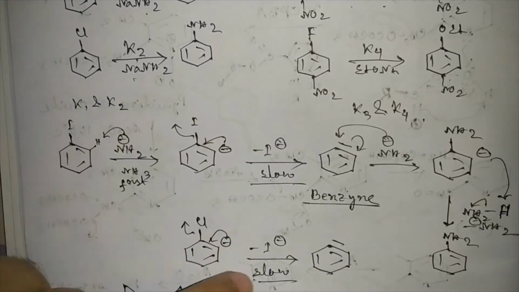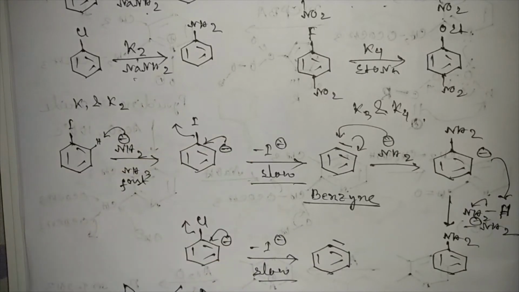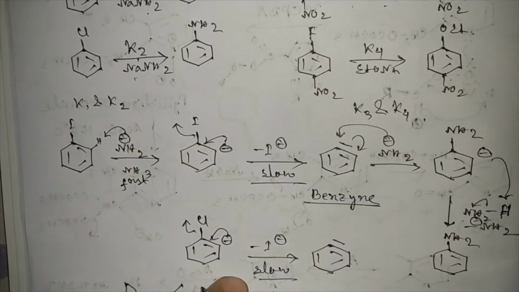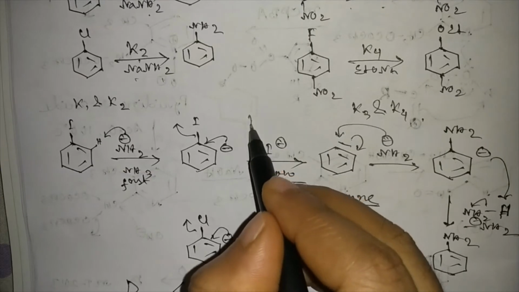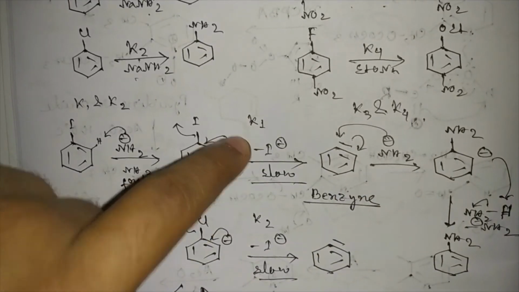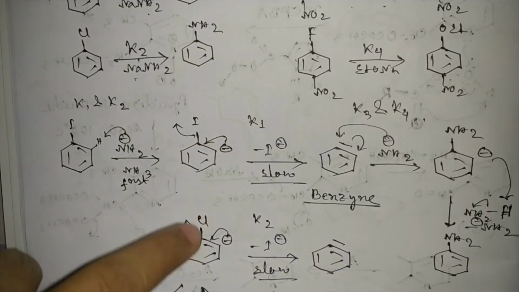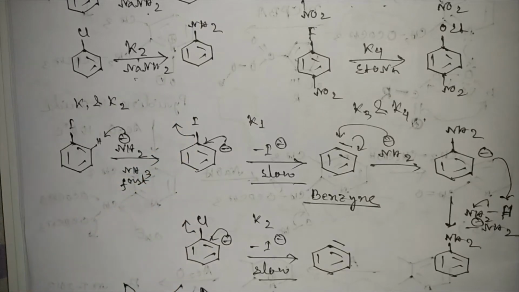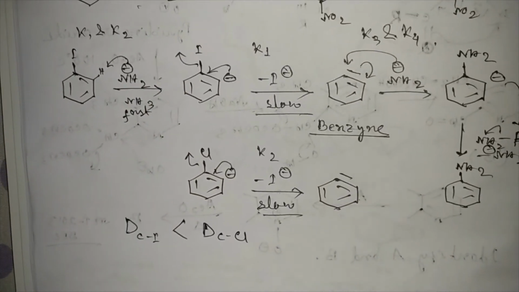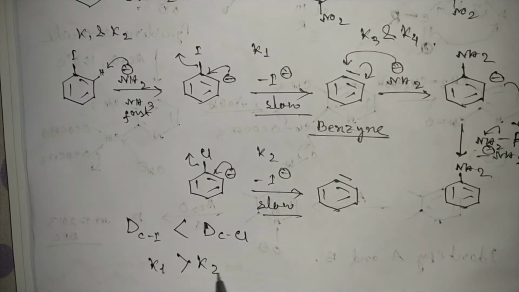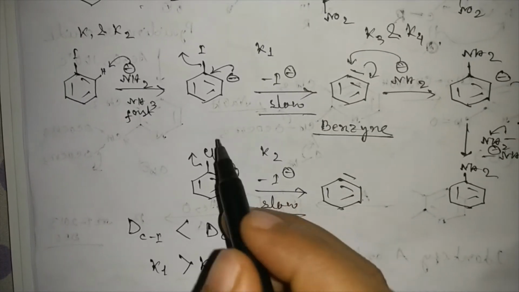So this step will happen slower than this. If the rates are K1 and K2, K1 is higher than K2, because the C-Cl bond will break less easily than the C-I bond. So we can say that K1 is greater than K2, because the C-I bond will easily break.